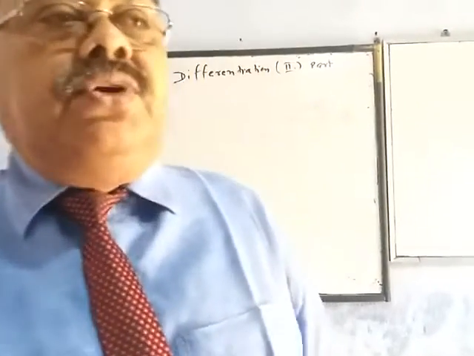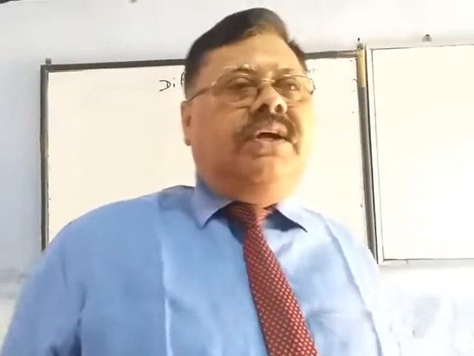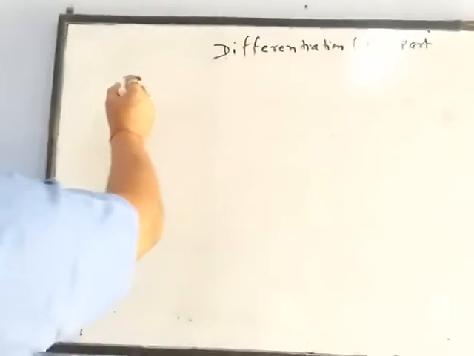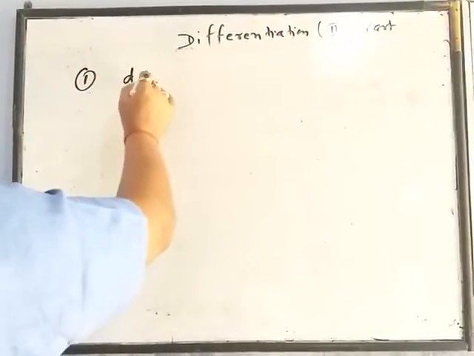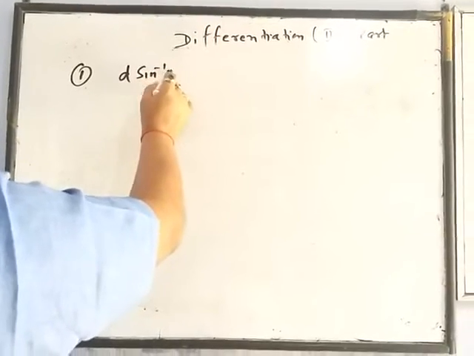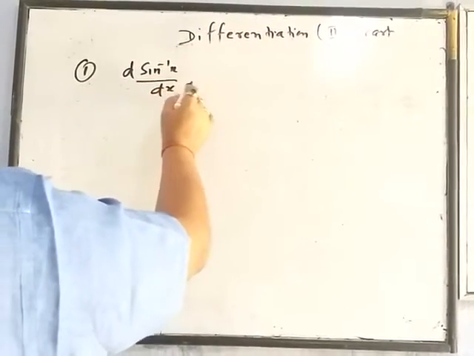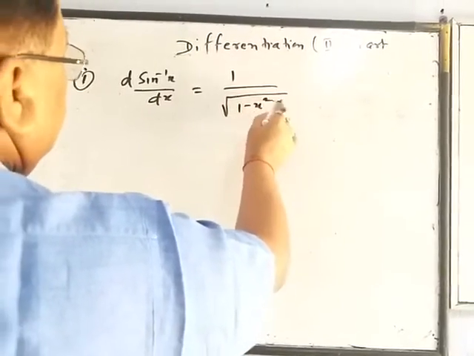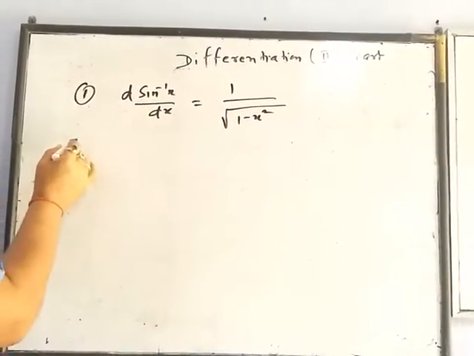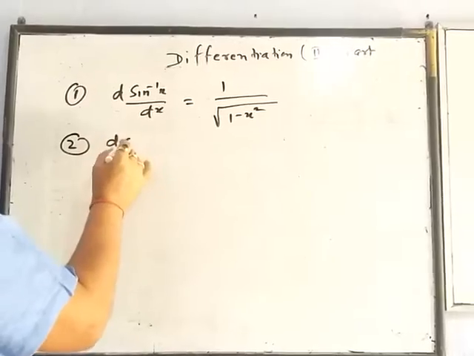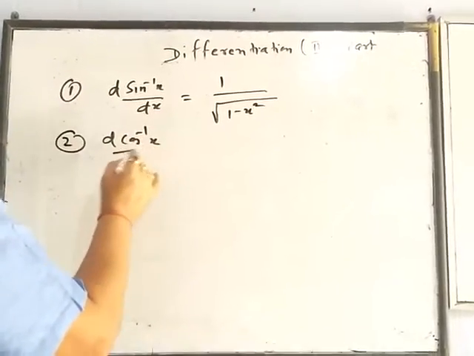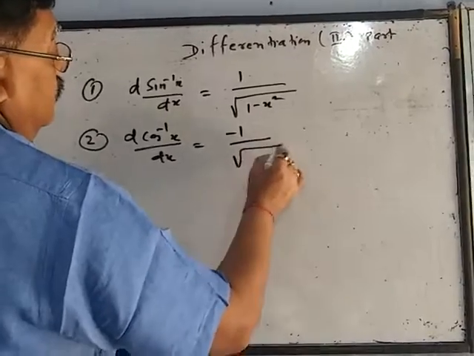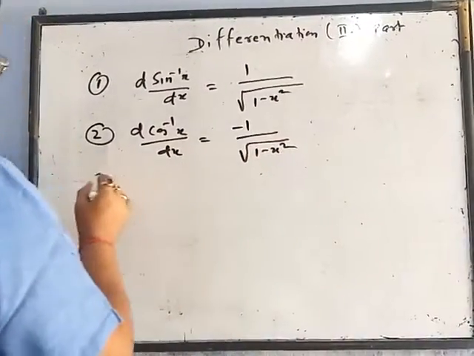In the previous video I also gave the formulas, but I want to repeat them here. First, d sin inverse x by dx, students, is 1 by root under 1 minus x square. Second, d cos inverse x by dx is minus 1 by root under 1 minus x square.